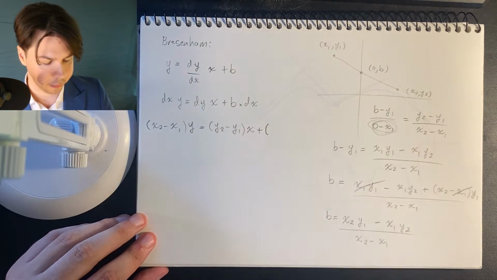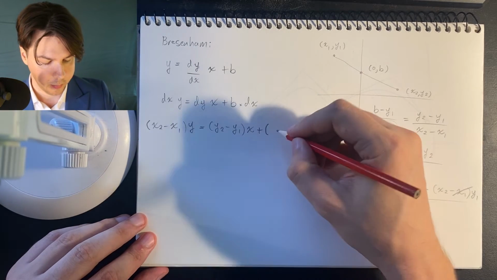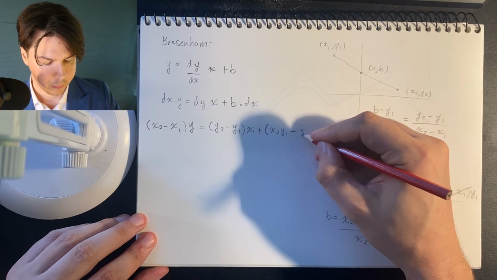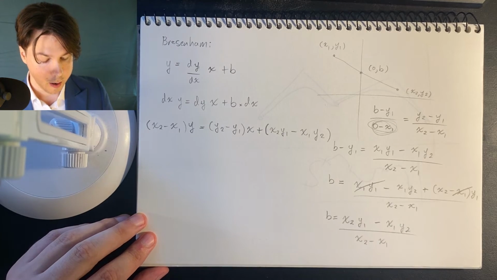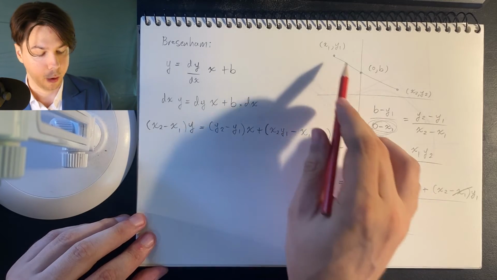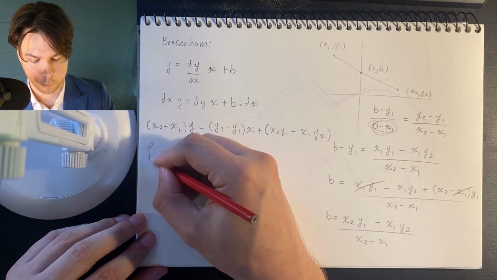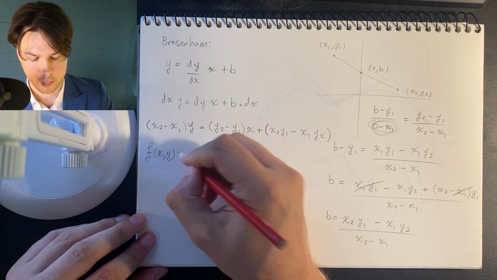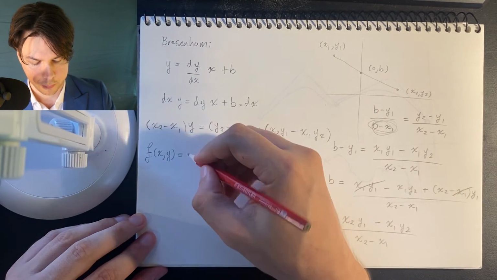So I'll just put this in brackets to show that it's a constant term. It doesn't depend on x and y. That is x2 y1 minus x1 y2. Okay, and now we can see that if we are on the line, this equation will be true, and I'll just rearrange this. So I'll formulate this as an error function, which depends on the point x and y.